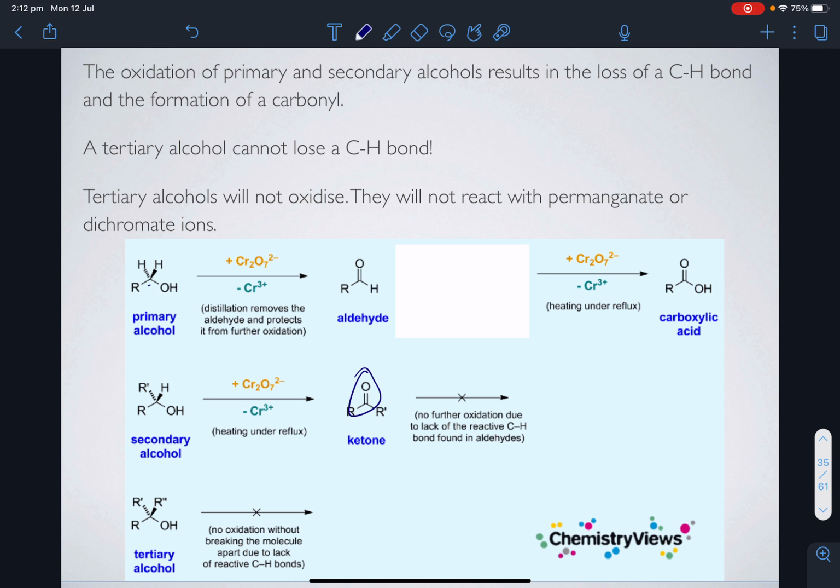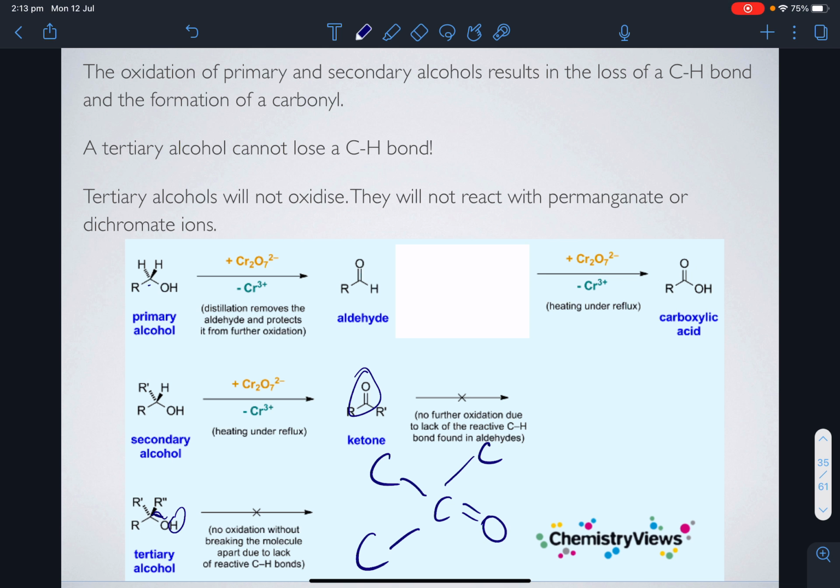Now think about a tertiary alcohol. If it wants to oxidize, what it's got to do is lose the oxygen-hydrogen bond and then it could form a carbonyl. The trouble is this.